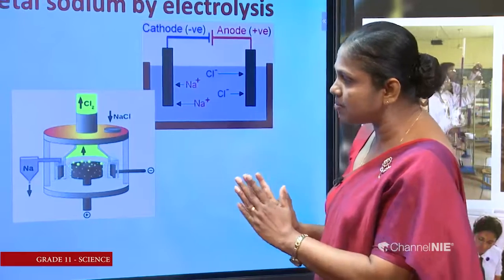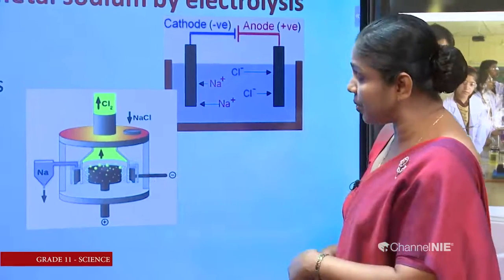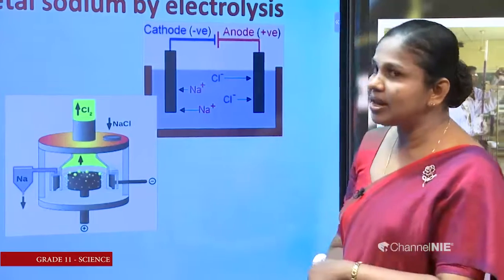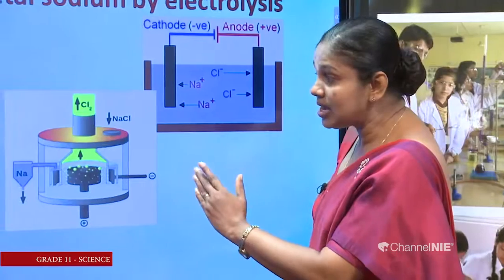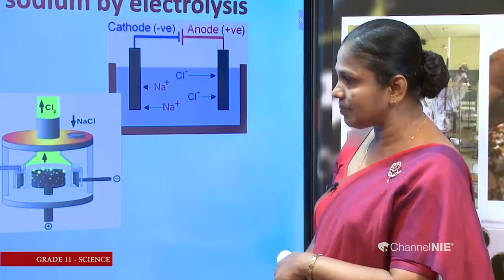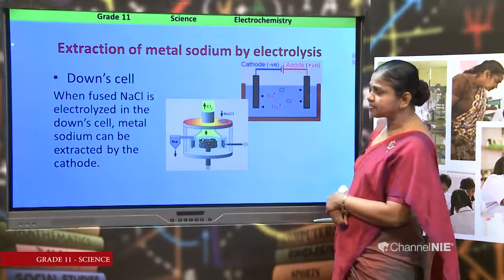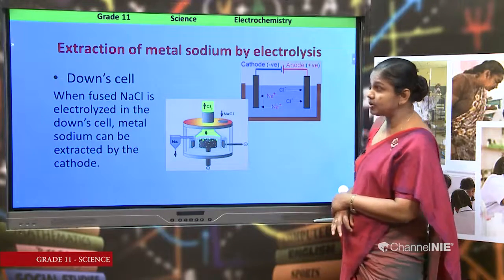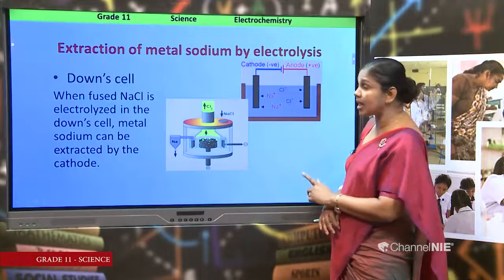Because of this steel mesh, chlorine gas produced at the anode does not mix with sodium metal produced at the cathode. Therefore, we can easily separate sodium metal and chlorine gas, right? Therefore, what is the Downs cell, children? When fused sodium chloride is electrolyzed in the Downs cell, sodium metal can be extracted at the cathode.